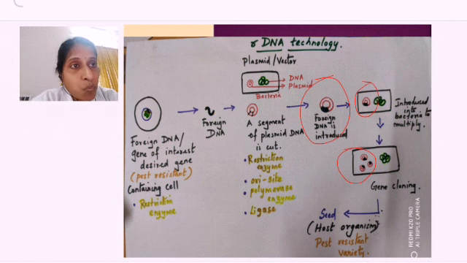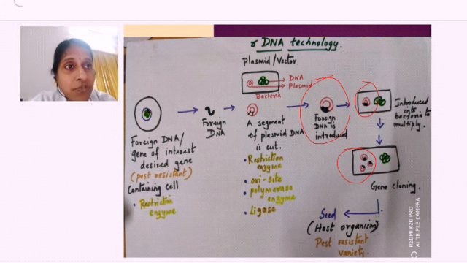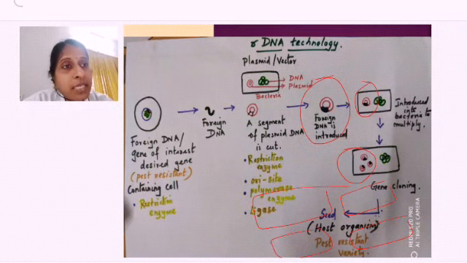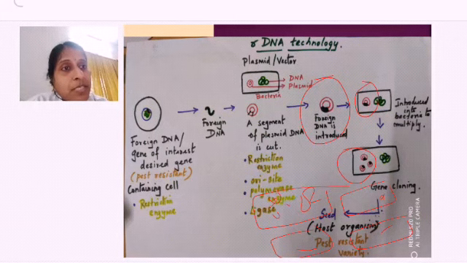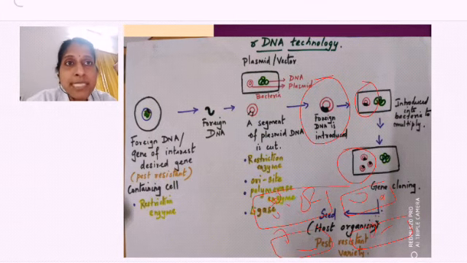Selectable marker means what? Like this plasmid, when they are dividing, along with that the bacteria cell also divides, right? So if this bacteria cell is dividing and producing 4 bacterial cells, in each they will have its own DNA. Along with that, some plasmids will be present here, some in this cell, some in this cell, some in this cell, right? Now listen carefully.